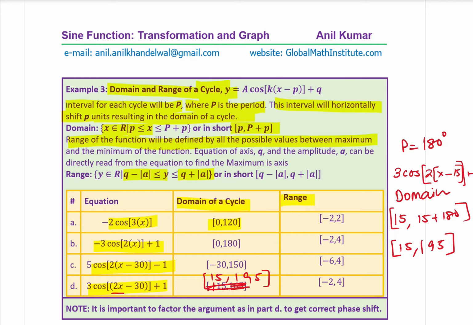Similarly, before this, the domain should have been from plus 30 because the graph moved 30 units right, correct? And it is 180 plus 30. So let's rewrite them.